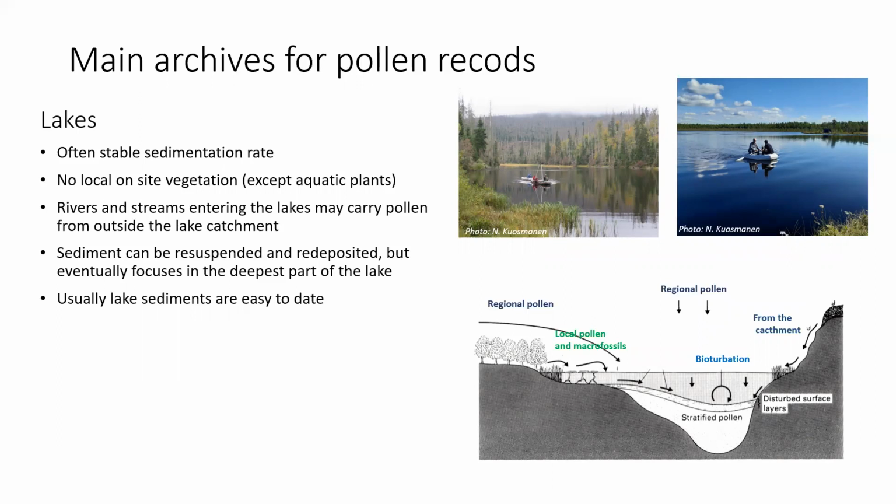So basically these anoxic environments usually are lake bottoms or mires, and in lakes you get quite a lot of regional pollen, also depending on the size of the lake.